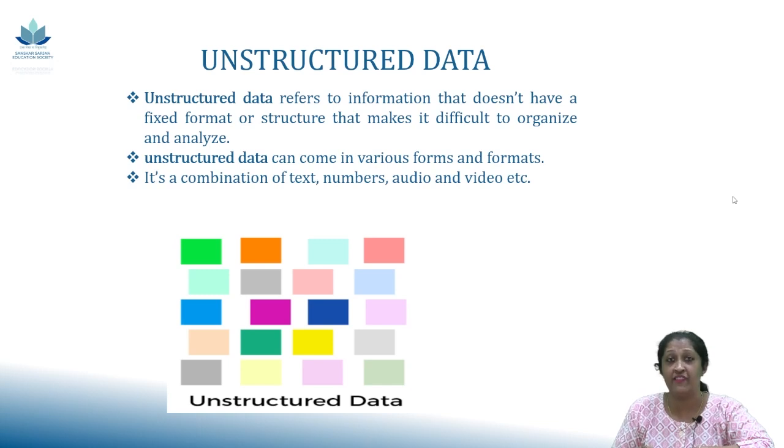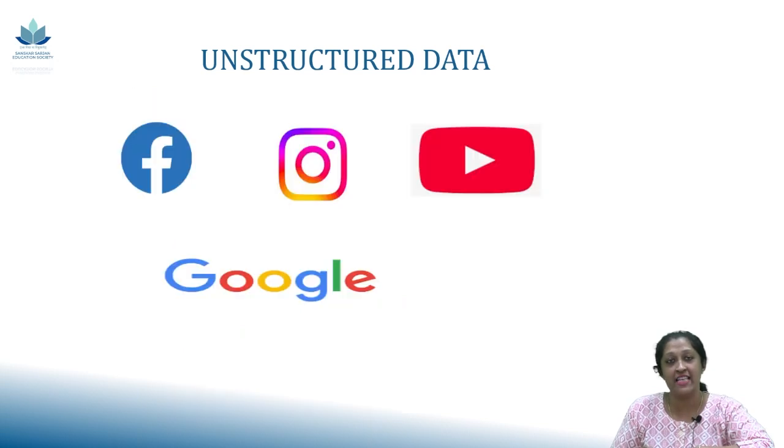Unstructured data comes in various forms and formats, and 80 to 90% of the data that we deal with in our daily life is unstructured. It's a combination of text, numbers, audio and videos. For example, in social media, we are dealing with Facebook, Instagram, YouTube and Google. They always store the data in unstructured form.